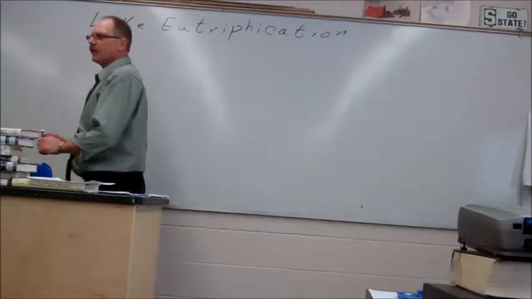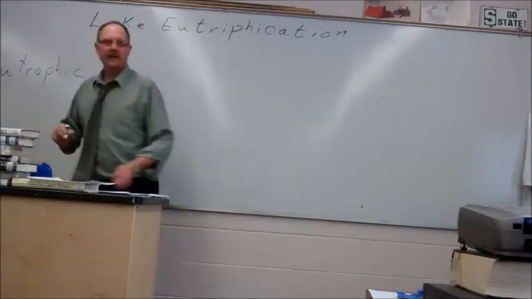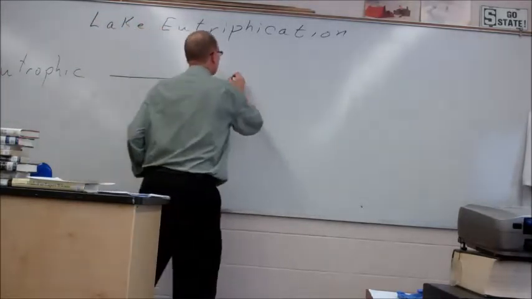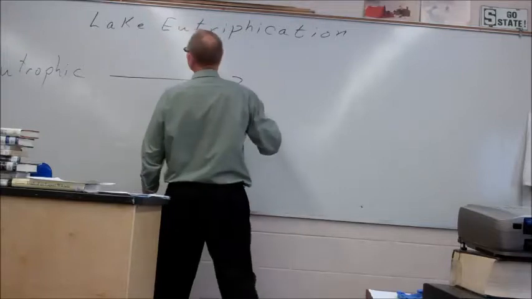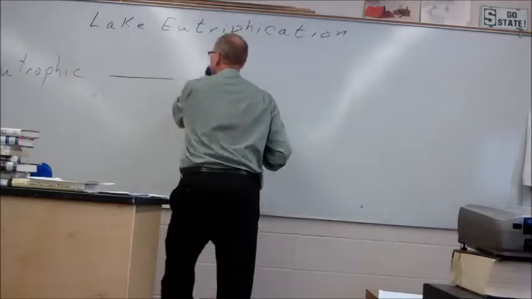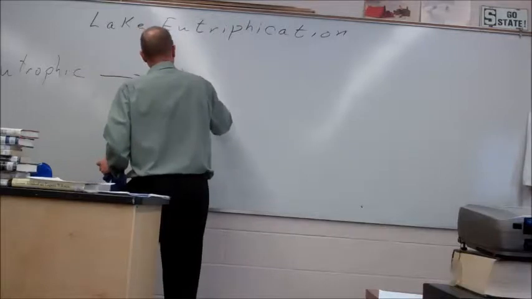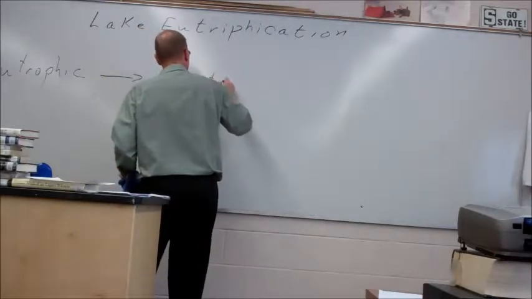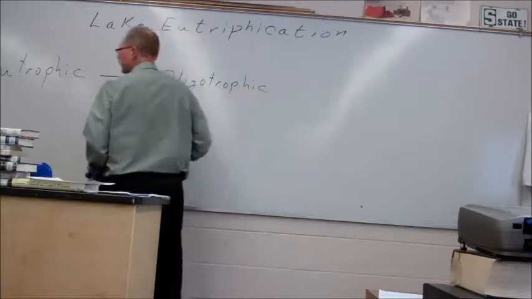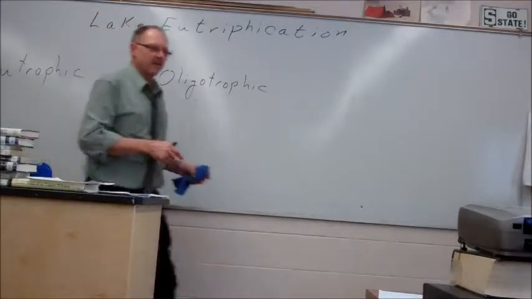You can say at one end of the scale, that lake is eutrophic, or at the other end of the scale, you could say that lake is oligotrophic. And so those are lakes at two opposite ends of the scale.